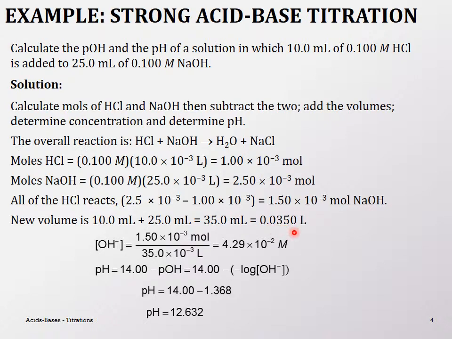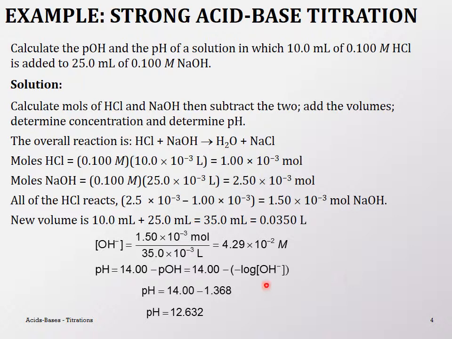Now you will calculate the molarity of the solution. So the molarity of the solution is whatever moles is left over, which is the sodium hydroxide here, divided by the volume, the new volume, not the old one, the new volume, and that gives you the molarity. So now this is the hydroxide ion concentration over here. Okay, and so what you will do is you will use the pH equation to figure out what the pH is of this solution.